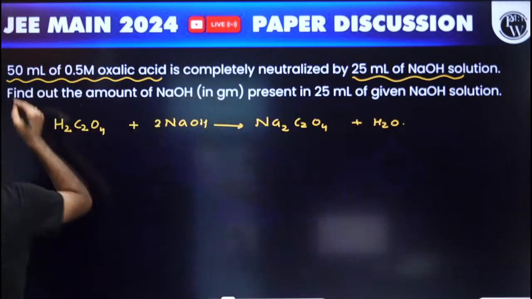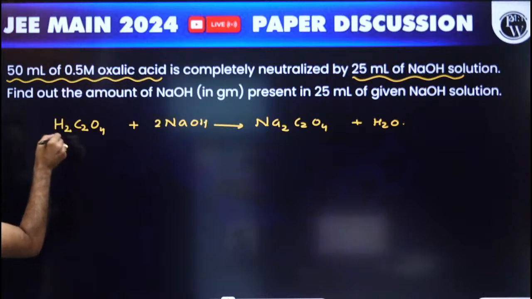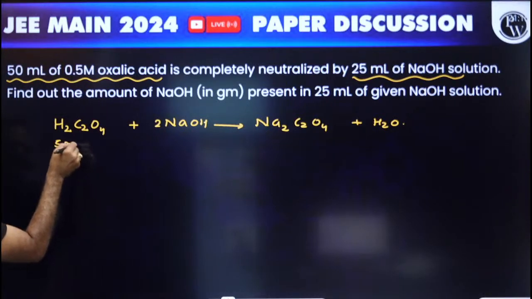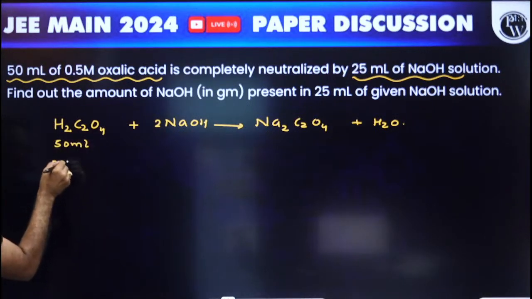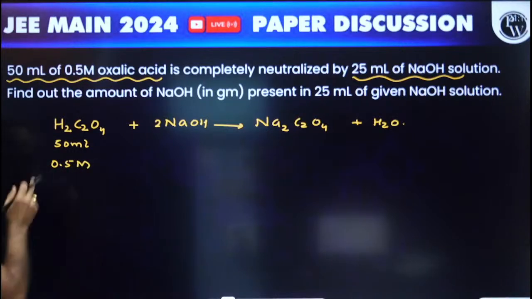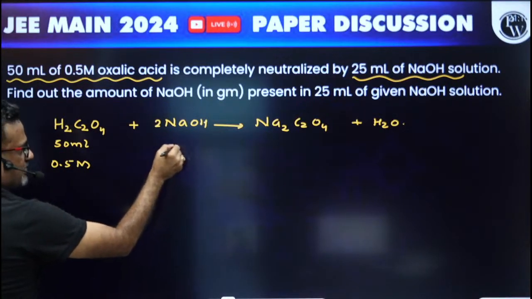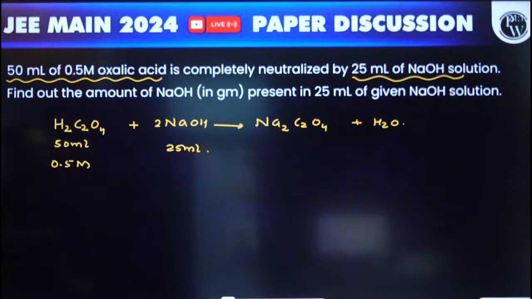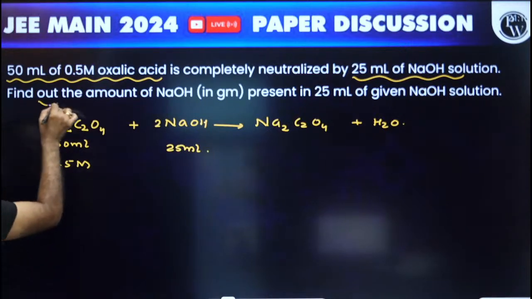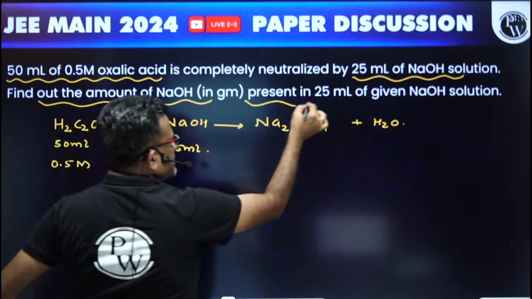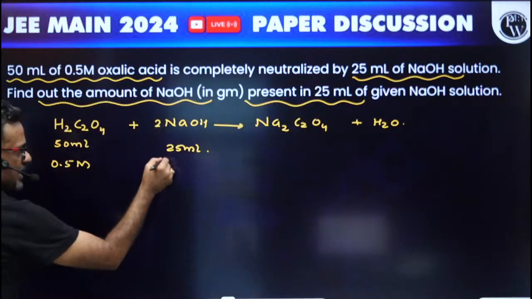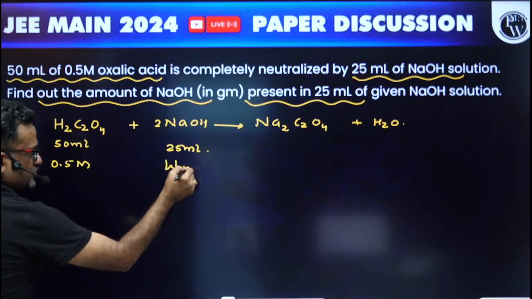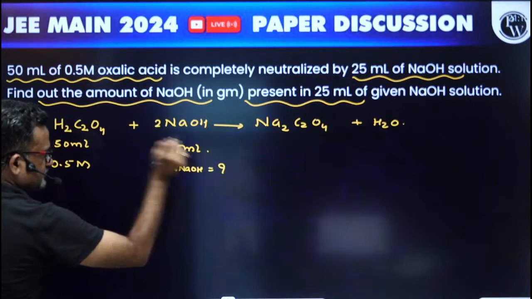They have given you 50 ml of 0.5 M oxalic acid. It requires 25 ml of NaOH solution. Find out the amount of NaOH in gram present in the 25 ml. That is, the mass of NaOH is asked.